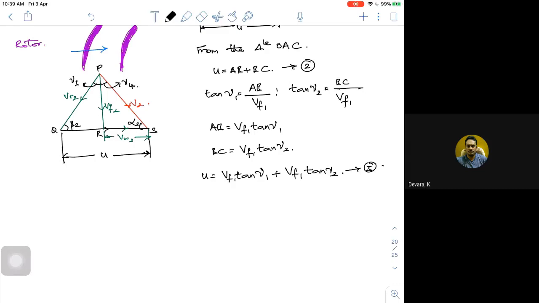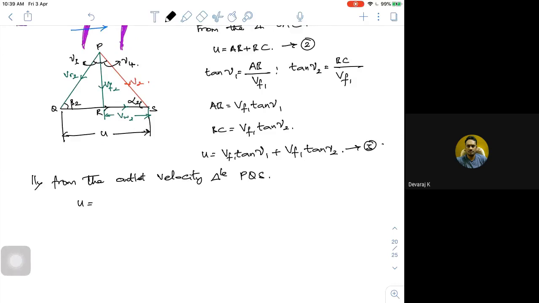Similarly, from the outlet velocity triangle PQS, there also U is equal to QR plus RS.